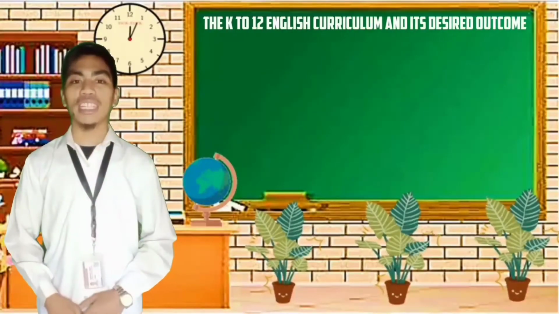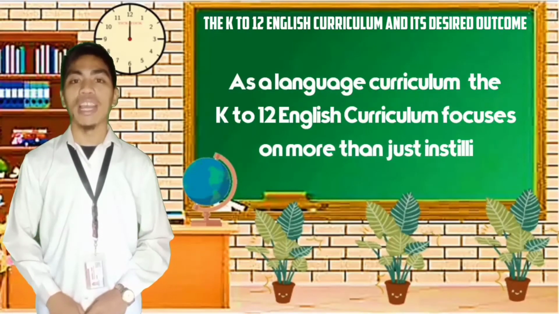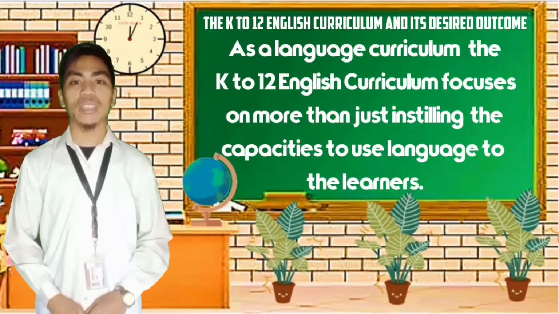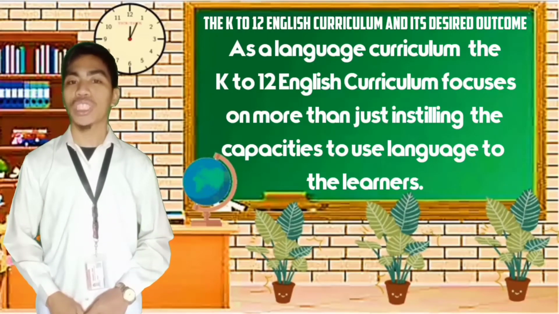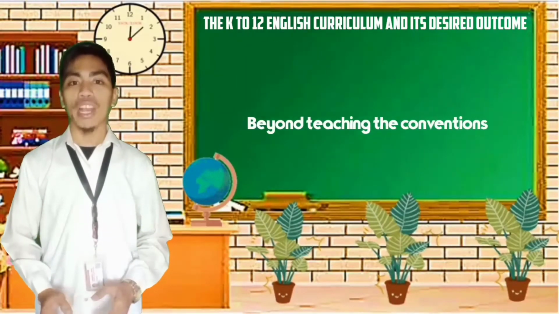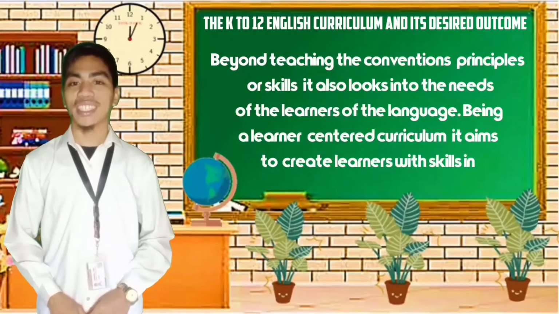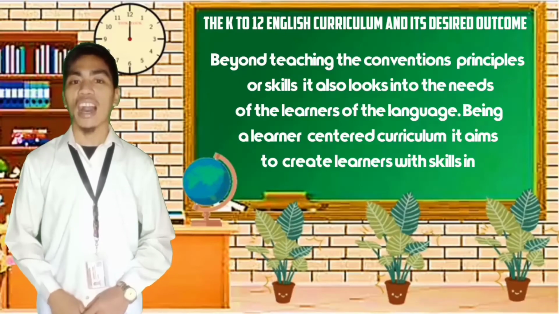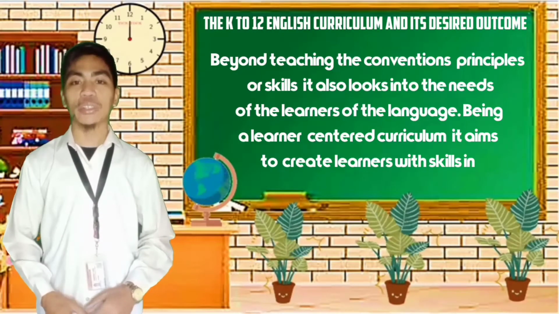The K-12 English curriculum and the desired outcome. As a language curriculum, the K-12 English curriculum focuses on more than just instilling the capacities to use language in the learners. Beyond teaching the conventions, principles, or skills, it also looks into the needs of the learners of the language, being a learner-centered curriculum.